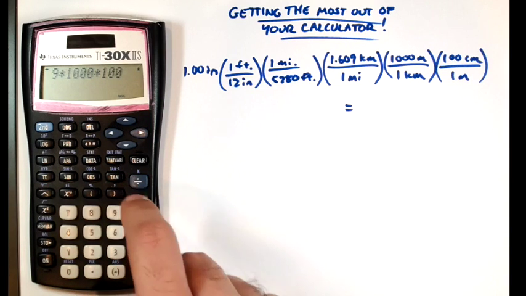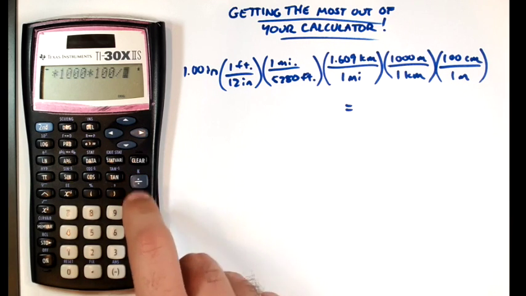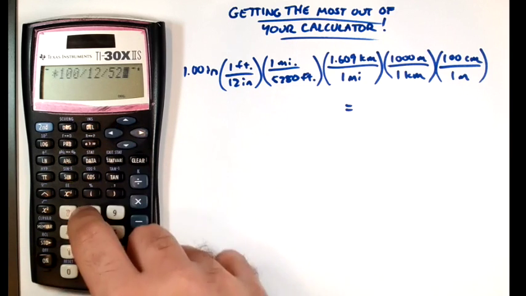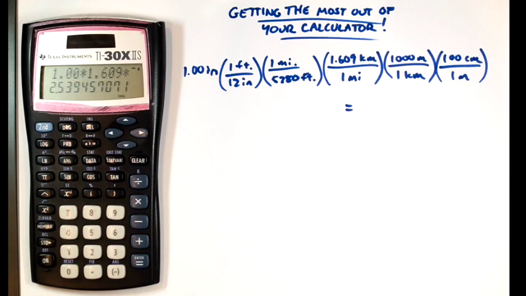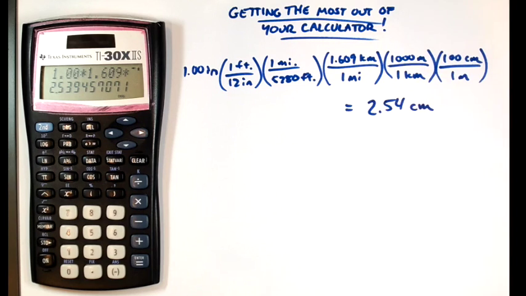Now to do that, I could put things in parentheses, I could try to multiply all those things together and then divide by it, but that's likely to confuse me more than anything else. It's actually very simple if I just say divide by 12, and then divide by 5280. And when I do all that, what I come out with, admittedly, is a very long number. It includes every decimal place that it's capable of calculating, but in essence what I have here is the 2.54 centimeters that we're usually comfortable with.